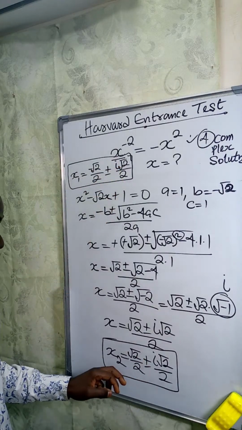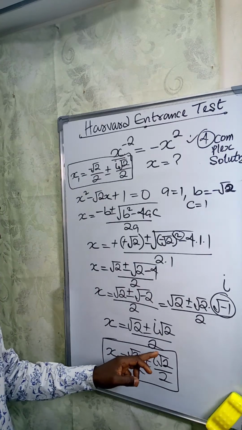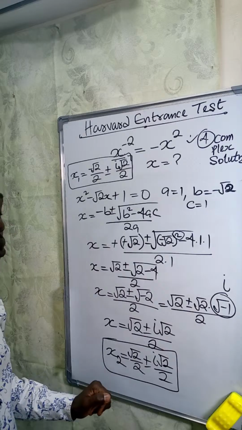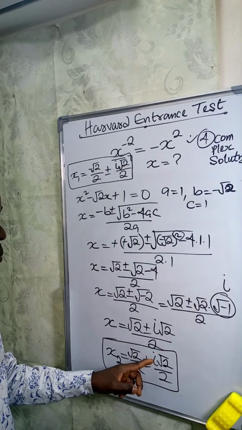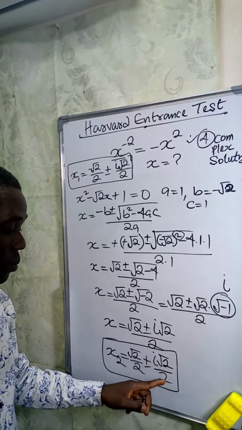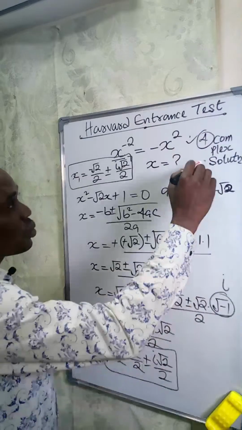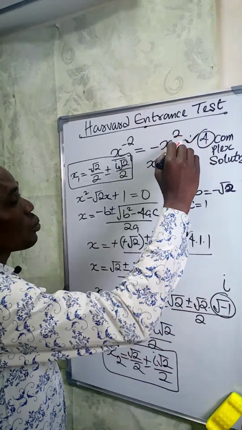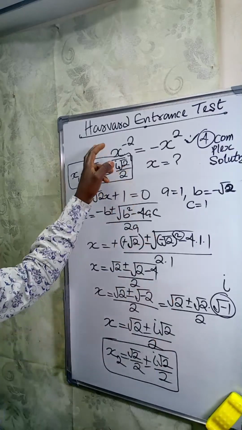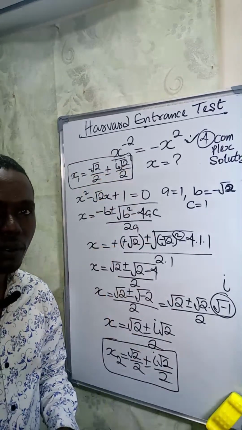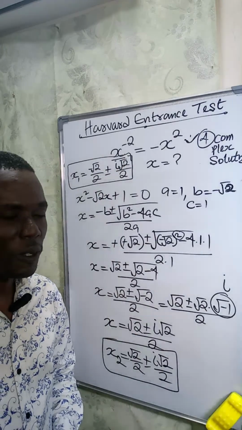And over here, we'll have square root of 2 divided by 2 plus i square root of 2 divided by 2, and then square root of 2 divided by 2 minus i square root of 2 divided by 2. And those are the 4 solutions we'll have for this complex number. This is exactly the solutions we can get from this Harvard entrance exam question.